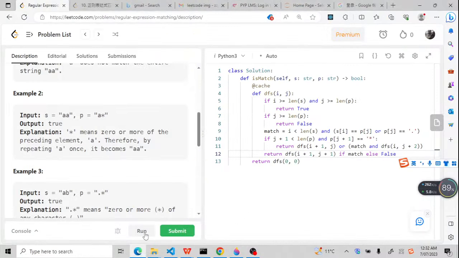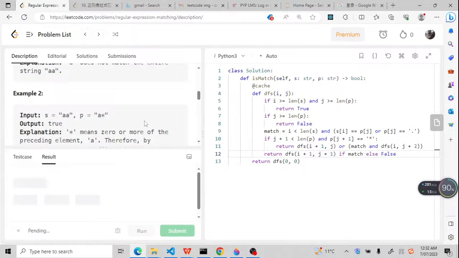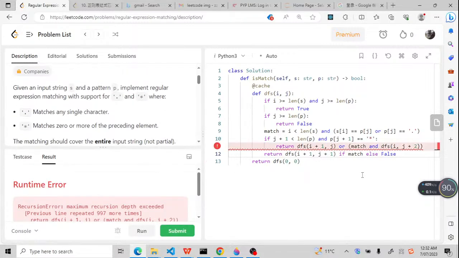Now let's submit the code first. Yeah, maybe I didn't explain it clearly. Yeah, here is something confused. Here is a case.